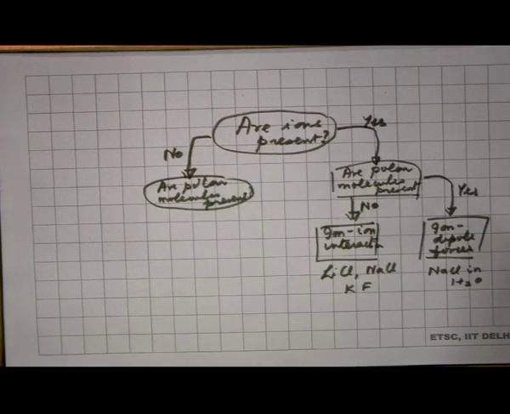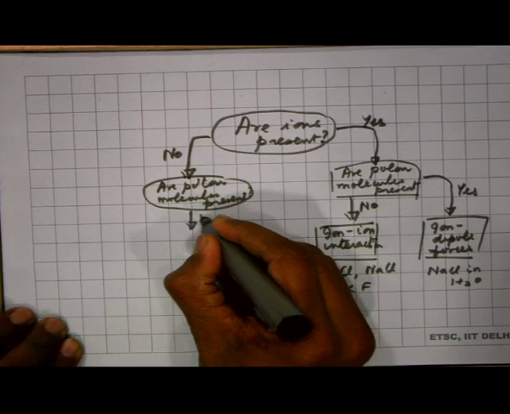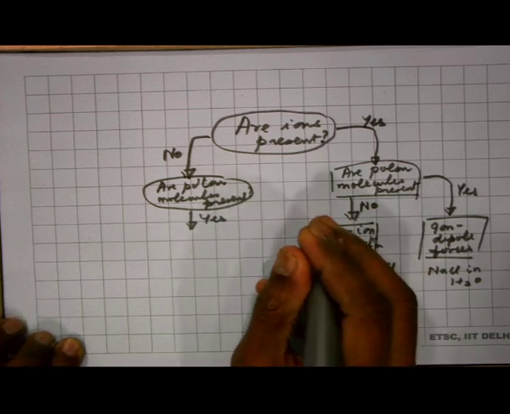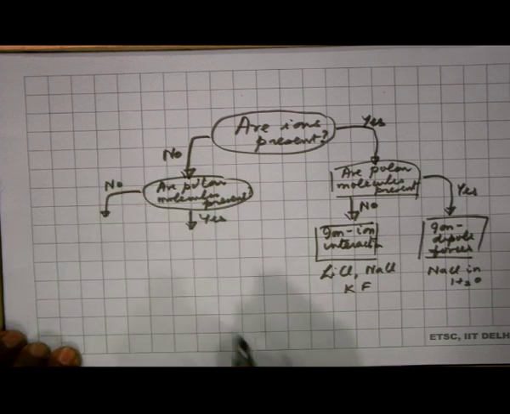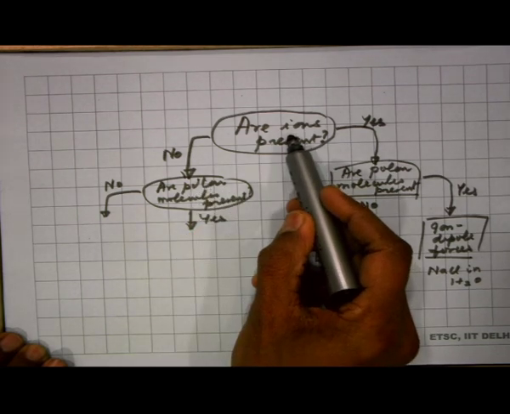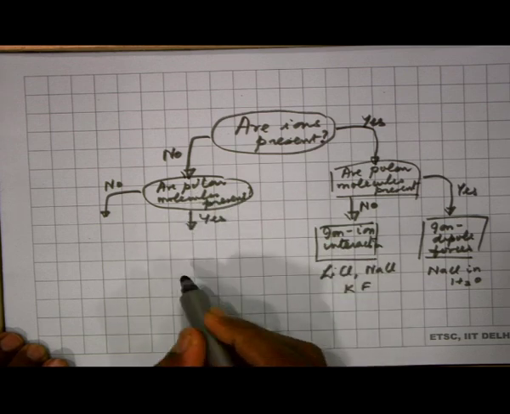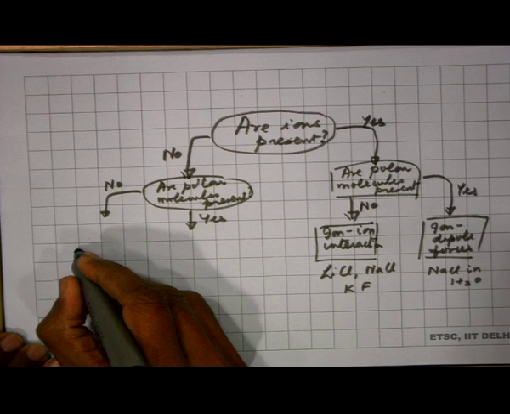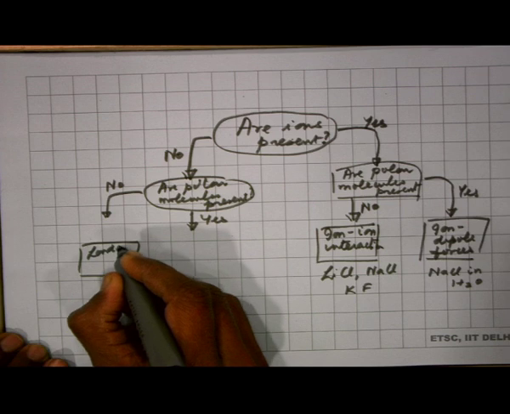And if polar molecules are present, we go here. If there are no polar molecules, we go there. And so, no ions present, no polar molecules present. We just discussed. The interaction that we have is London dispersion.